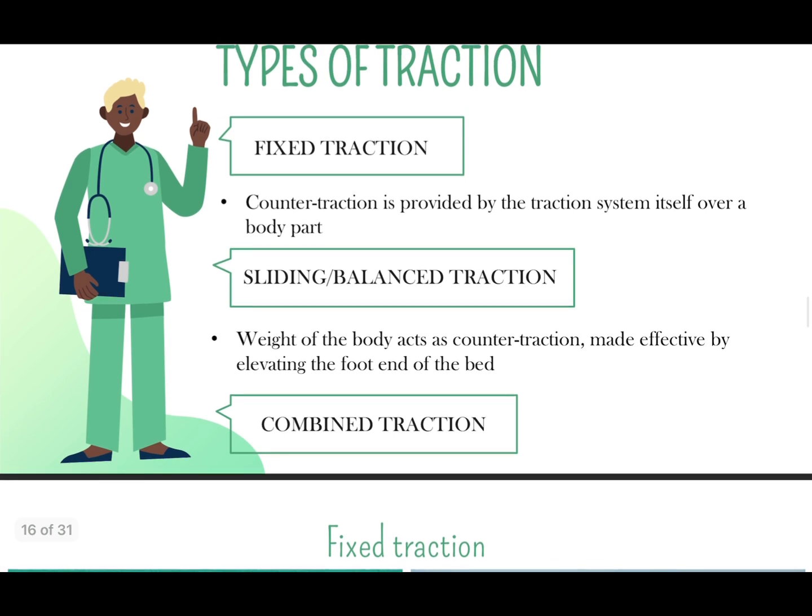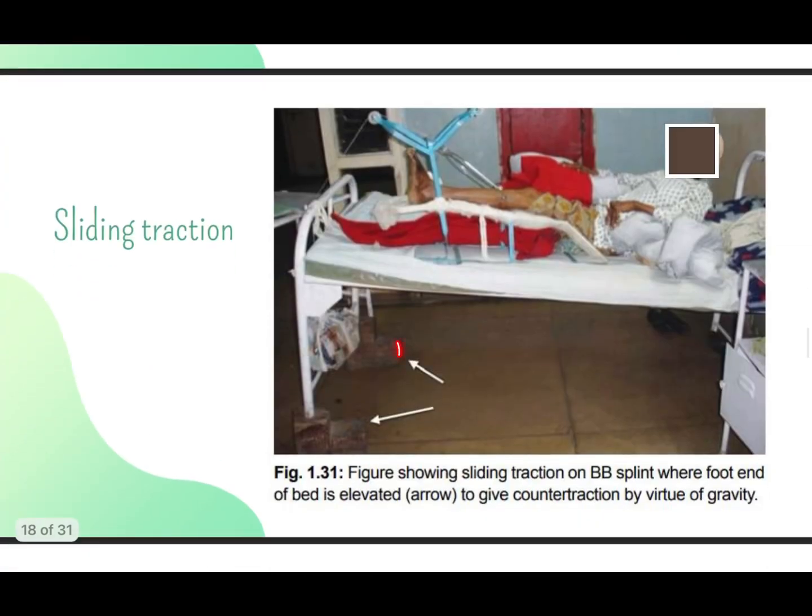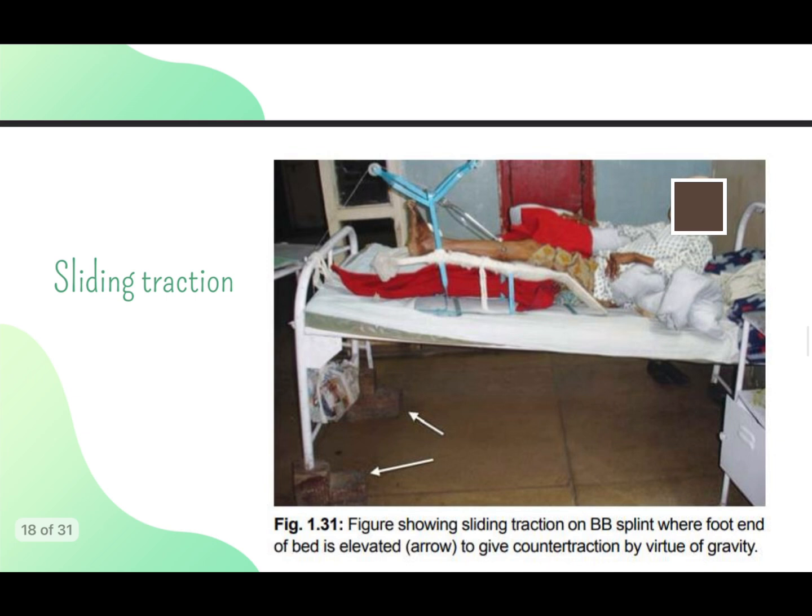Another one is sliding traction. In sliding traction, the weight of the entire body acts as the counter traction. This sliding traction is made effective by elevating the foot end of the bed. In this figure, we can see that the foot end of the bed has been elevated, and the counter traction is given by the entire body weight.